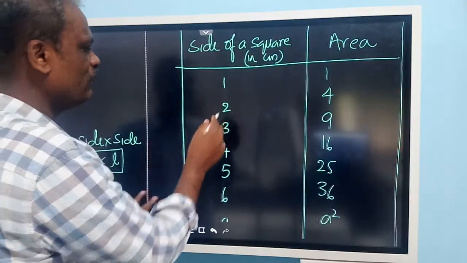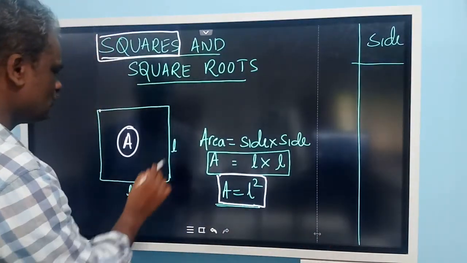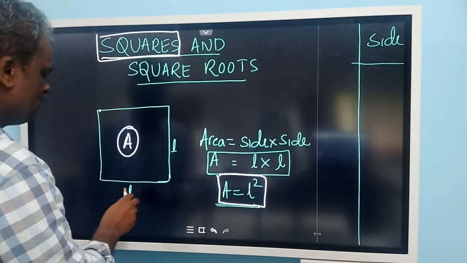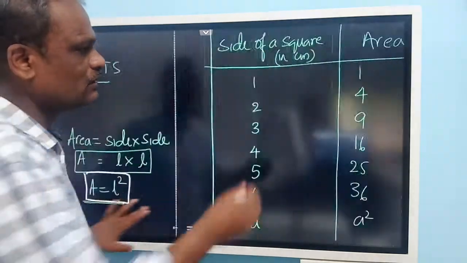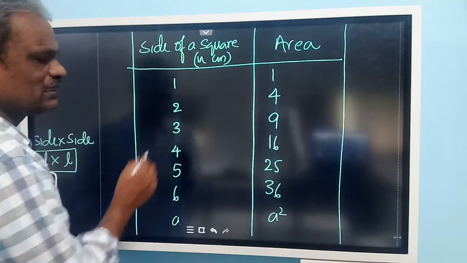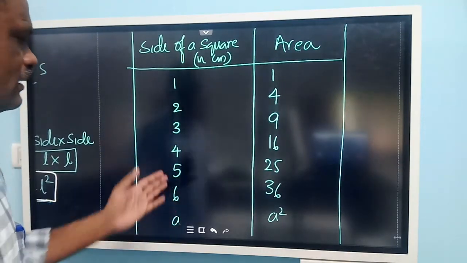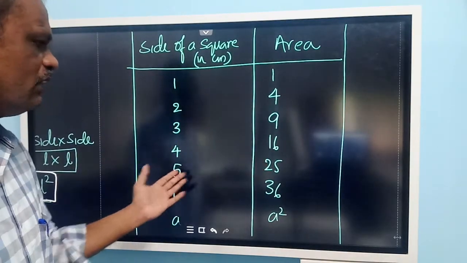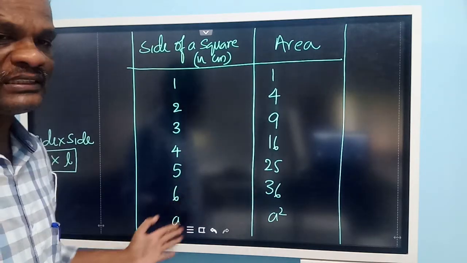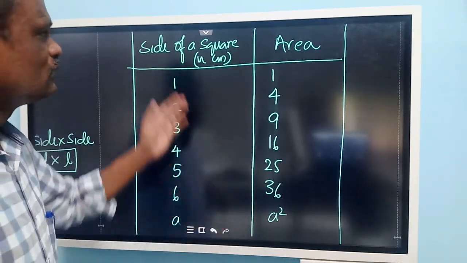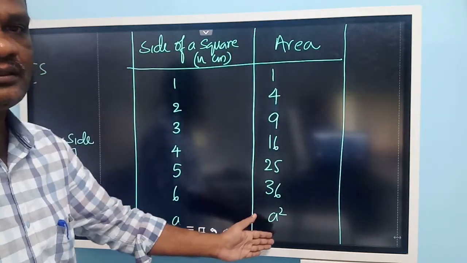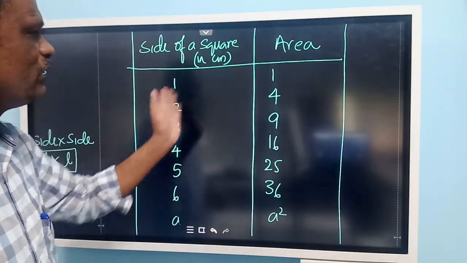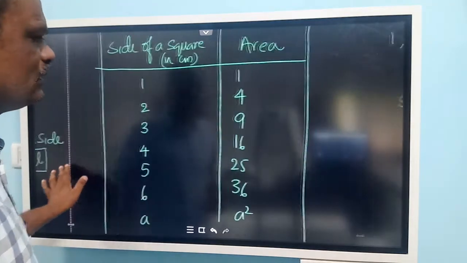If I take side equal to 2 units, it becomes 2 into 2, so that is 4. If I take 3, 3 into 3, 9, 4, 16, 5, 25, 6, 36, 8, 64. So this is the side of the square and this is the area. We are making the square of the side, and we get the area.